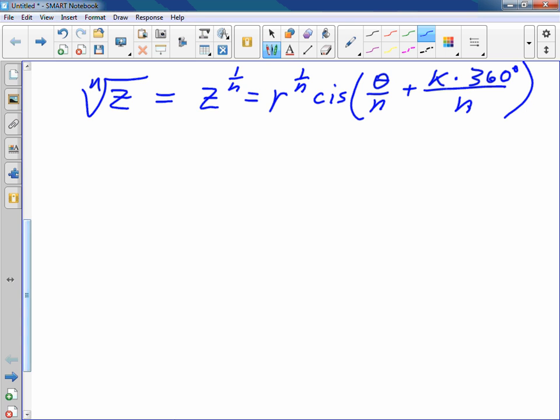And this k is the one that always throws everyone. We're going to do an example now to hopefully illustrate how that k works.